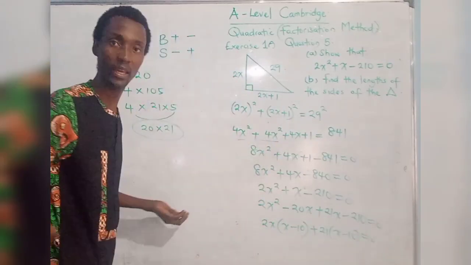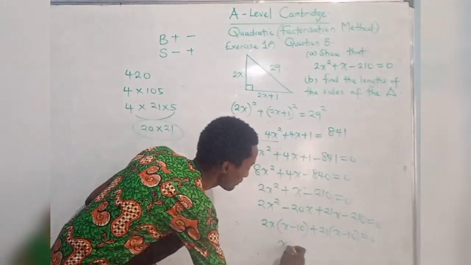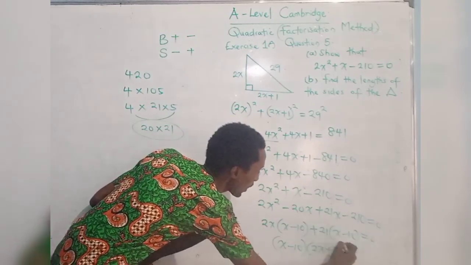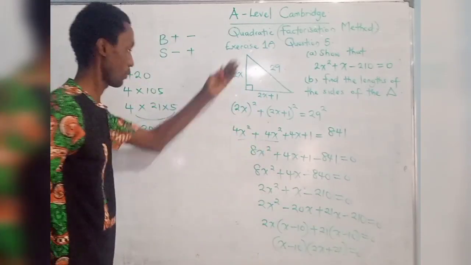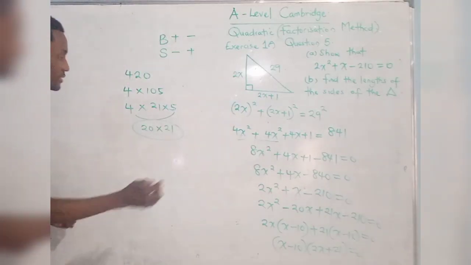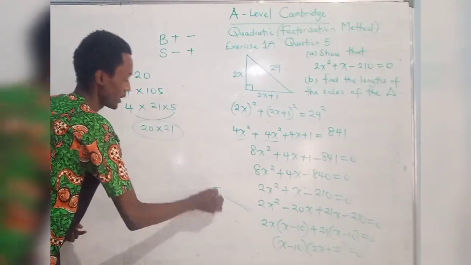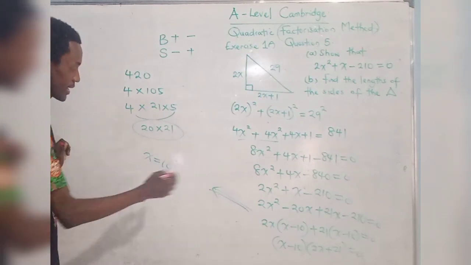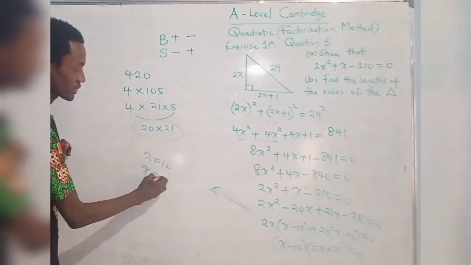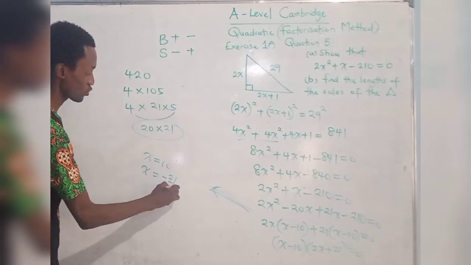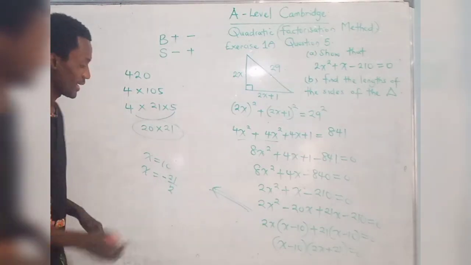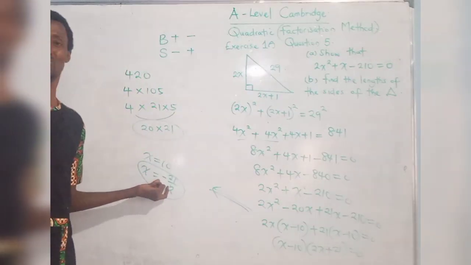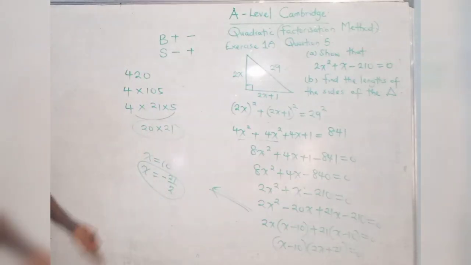So clearly from here, x minus 10 will multiply 2x plus 21 equal to 0. So the answers I'm looking for will be x equal to 10 or x equal to negative 21 over 2. But remember, length cannot be negative. So this information is not relevant.